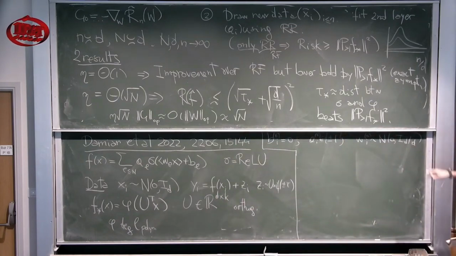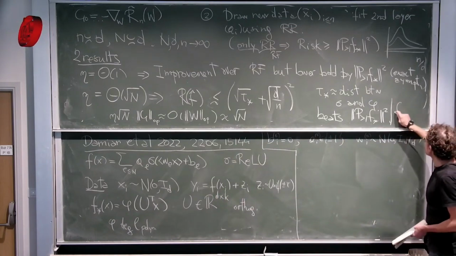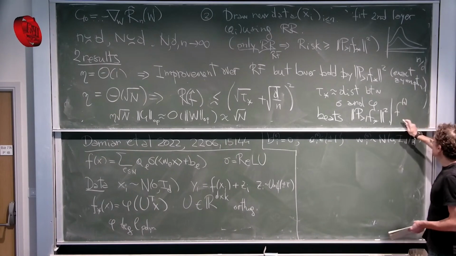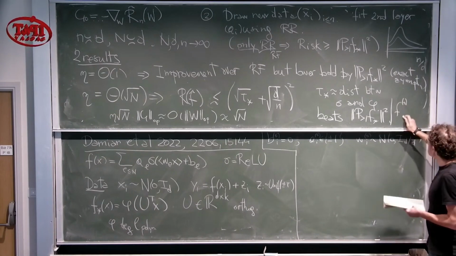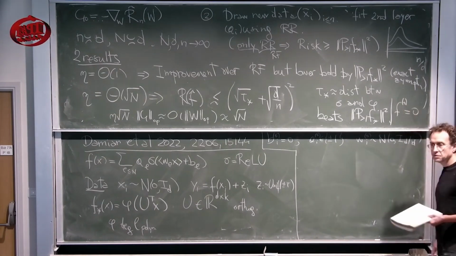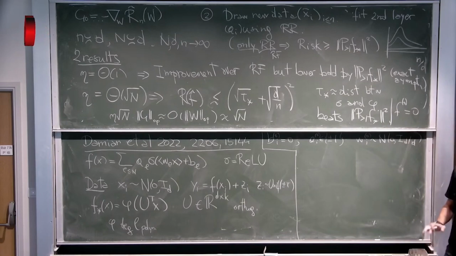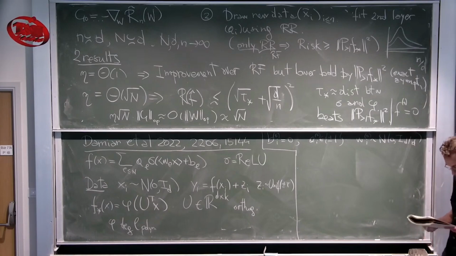I will not write it out, but as already discussed, they initialize in such a way that at time 0 the function is equal to 0. Basically, they have an even number of neurons, and we set things up in such a way that the second half of the neurons cancel exactly the first half with this coefficient.